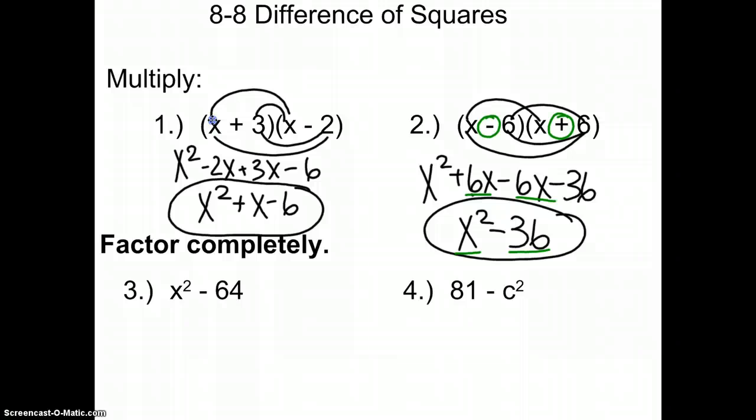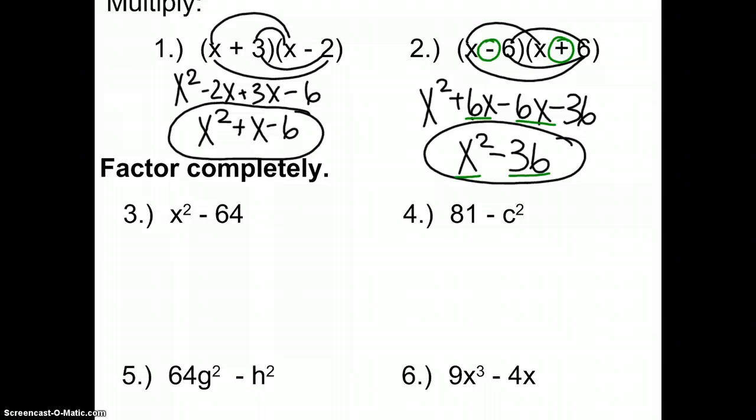So when we factor these, we're looking for the equation to be in an x squared minus a squared form, where it has to be subtraction, and then we can FOIL them out to an x plus a and x minus a.